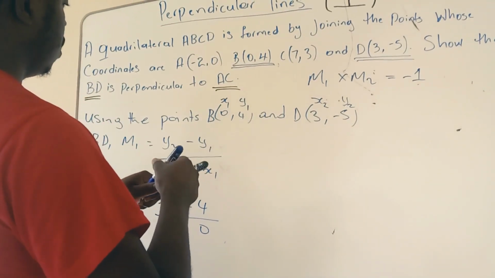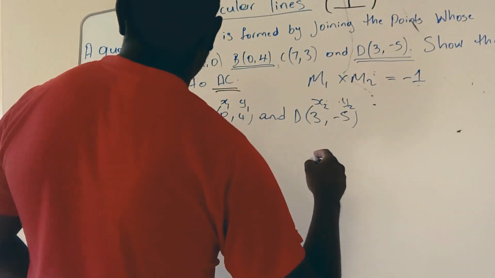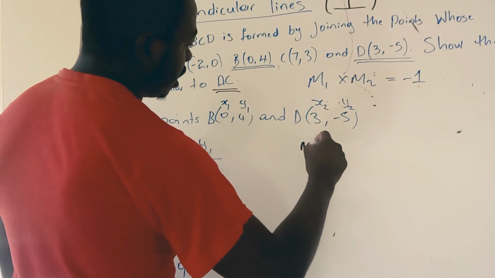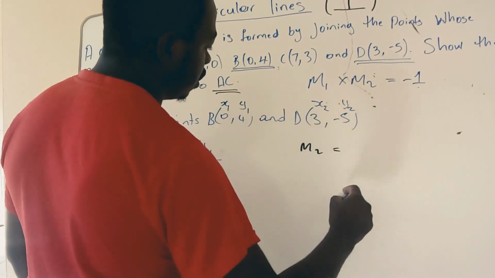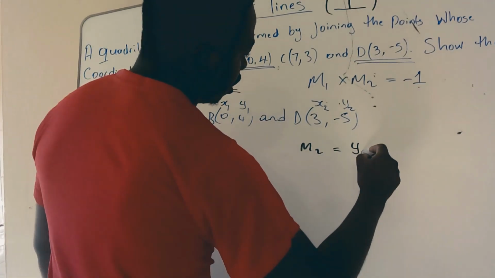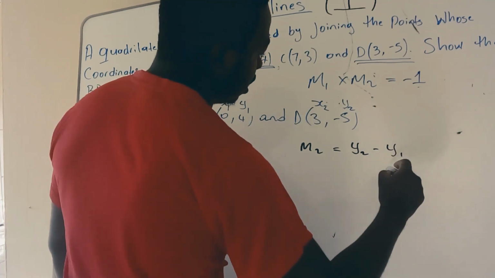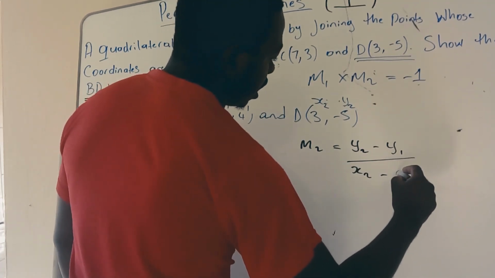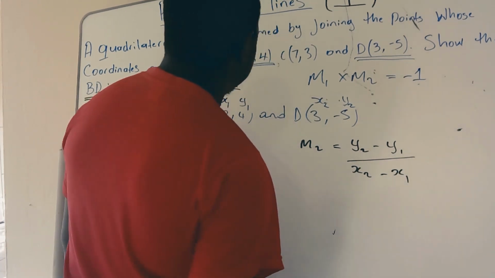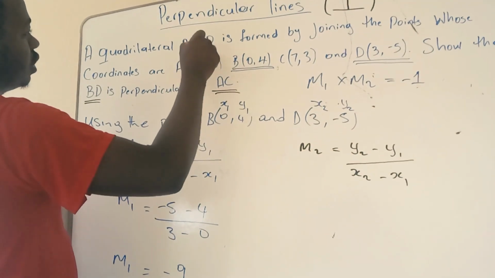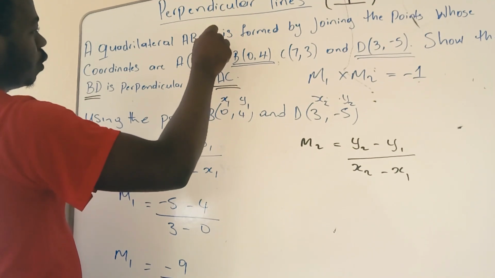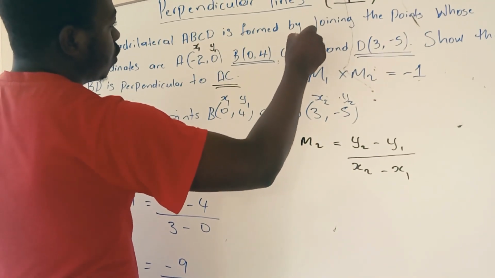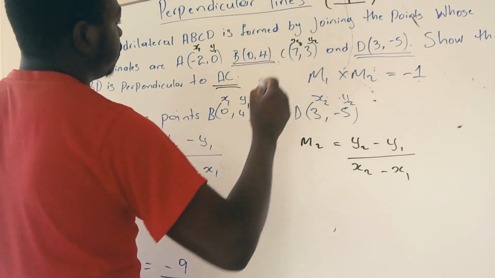Now, let's call the gradient of AC M2. So we know that M2 is equal to Y2 minus Y1, all of that divided by X2 minus X1. Now, this is X1, Y1, and X2, Y2.